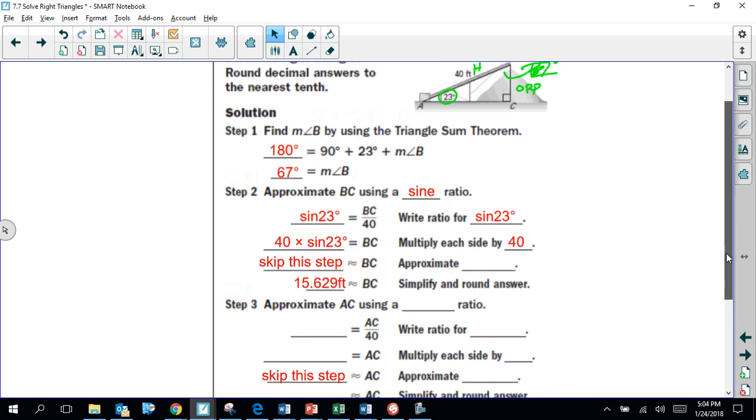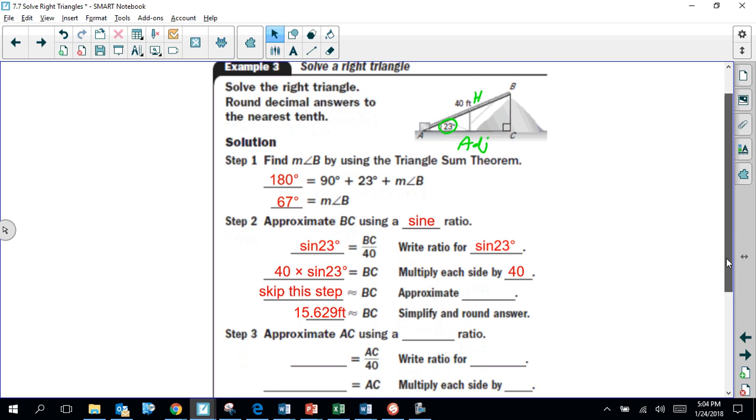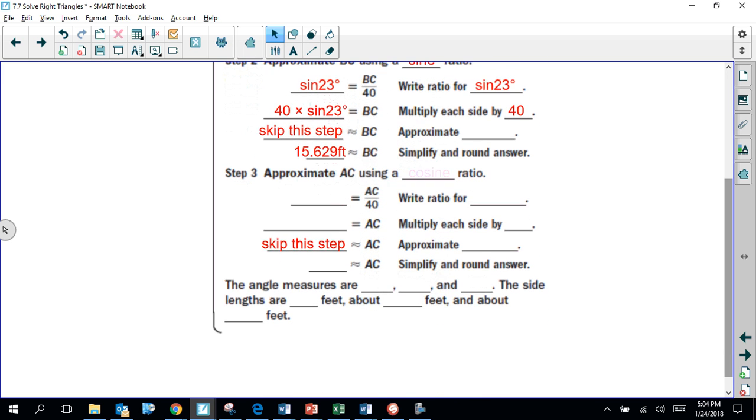Now for the other one, we're going to come back here and say, okay, from that 23 degrees, now we're looking for side AC. Side AC is the adjacent side. This is still the hypotenuse. So that tells me we're going to use cosine to find side AC. Cosine of 23 is AC over 40.